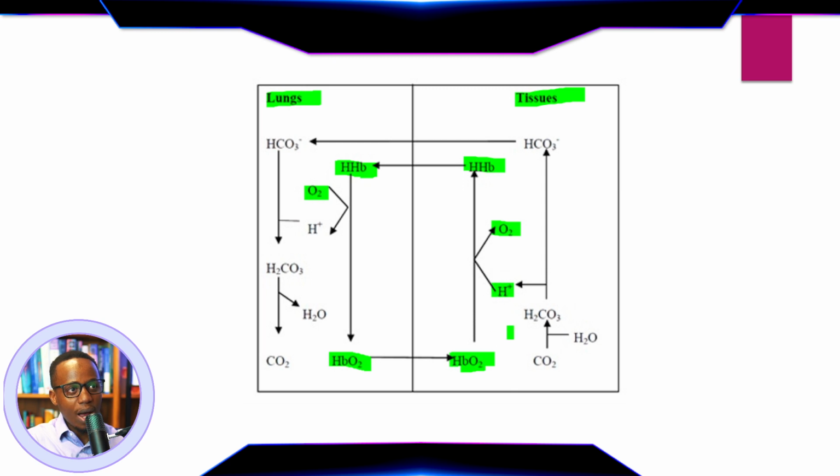Now it actually grabs H plus, gives H plus. It grabs H plus here to become HHb, right? So you see that the reason why it's a buffer, it's acting as an acid, and you have H plus involved here. H plus is dropped off here in the lungs. So because of that, it's acting as a buffer system. And that's, again, for the protein buffer system, it's not just one protein. We have a bunch of proteins that play buffering functions in the body.